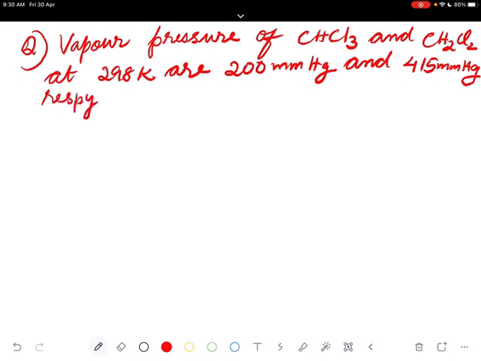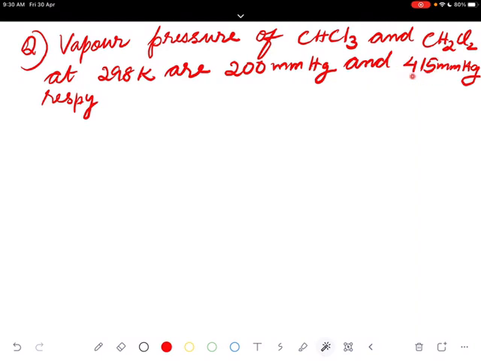Now in this case you can see that CH2Cl2 is the more volatile one, so it will be more in the vapor state. So its vapor pressure will be high. Pure CH2Cl2 component's vapor pressure will be higher.